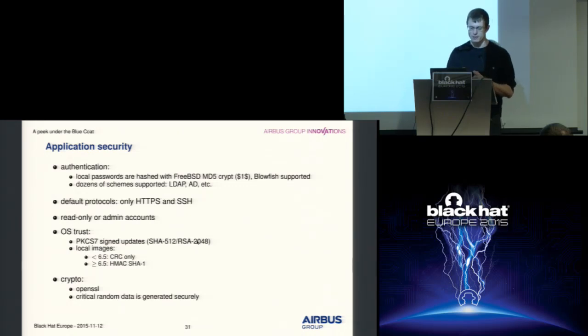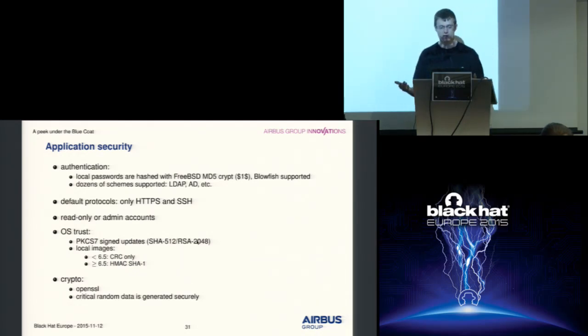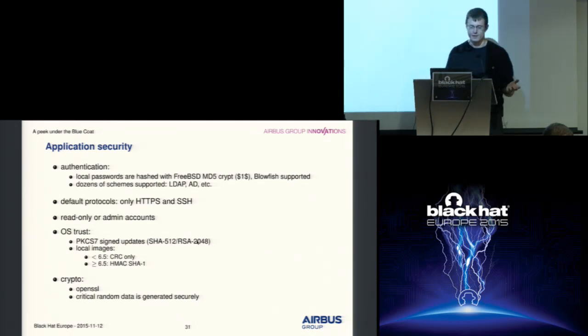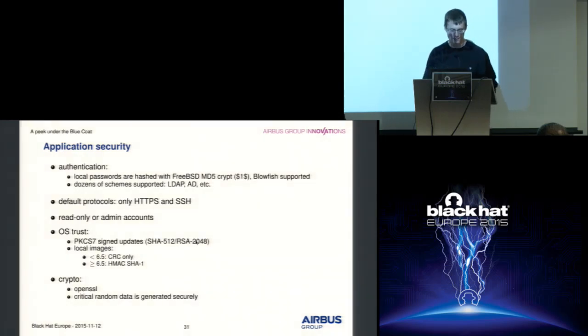Unfortunately, local images, so the ones that are started when you boot, are not really trustable, because before 6.5 it was only a CRC for integrity checks, and from 6.5 they changed and put an HMAC SHA-1. Well, it took me less than 2 hours to get the key, so it wasn't really an efficient protection. I'll talk about that again later.